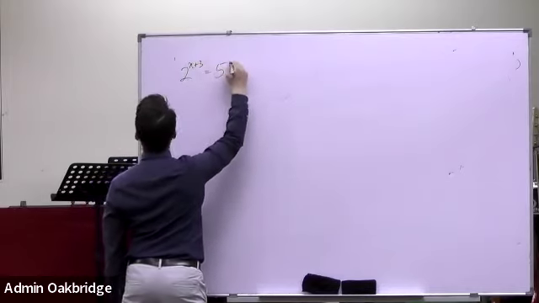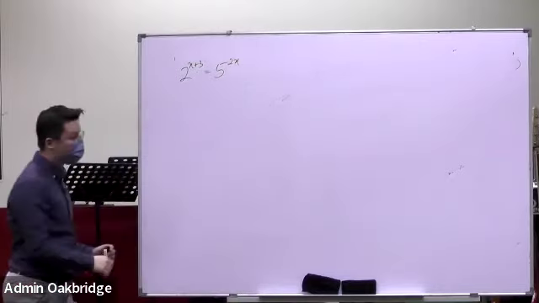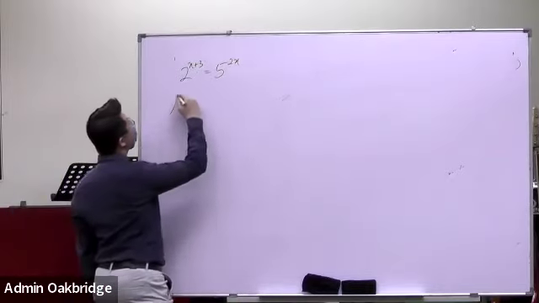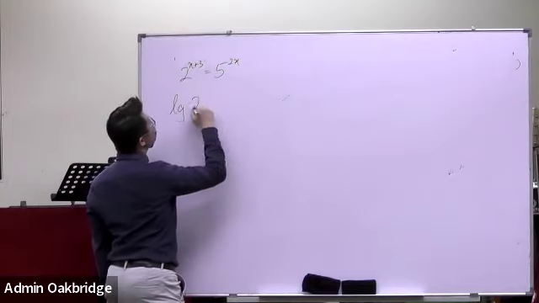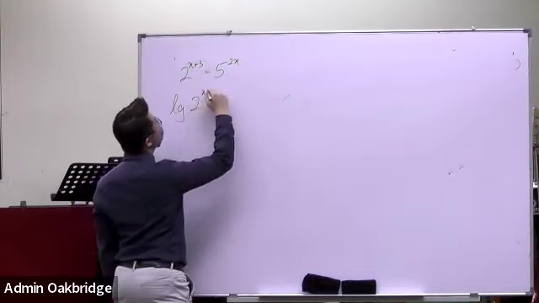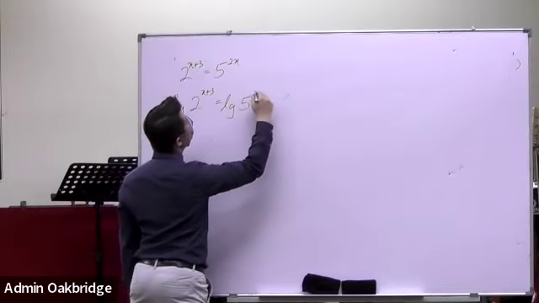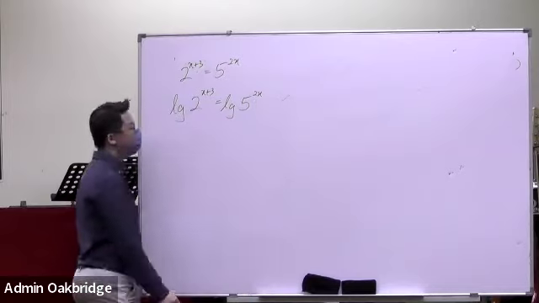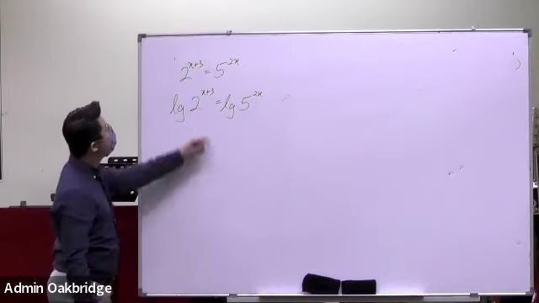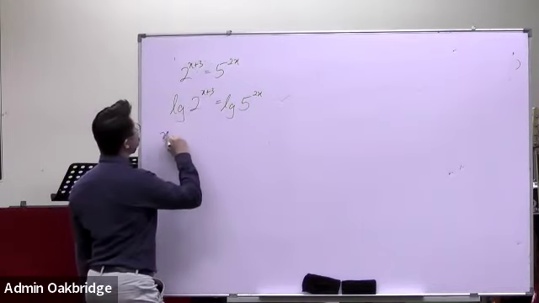This is what most teachers will teach you. Take a log for both sides. It's okay to take LG or LN, up to you. Then they will ask you to move the power to the front of the log.